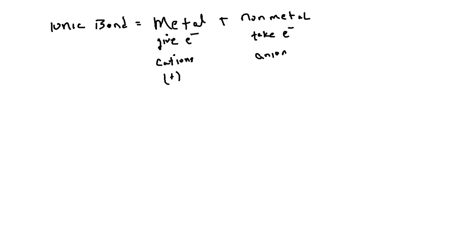If we go to 1A, these things want to give 1 electron. So here's sodium. And I mentioned that we had the Lewis dot structure. The Lewis dot structure tells us the number of dots is the number of valence electrons. So if you're 1A, you have 1 dot. And now if we look at group 7, sorry.